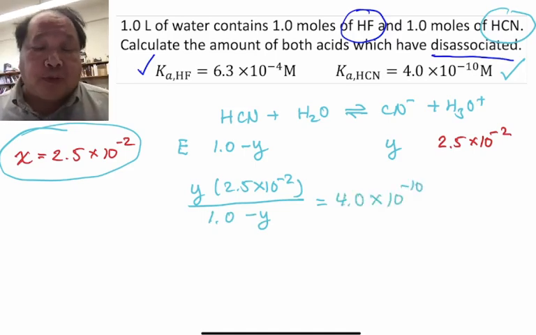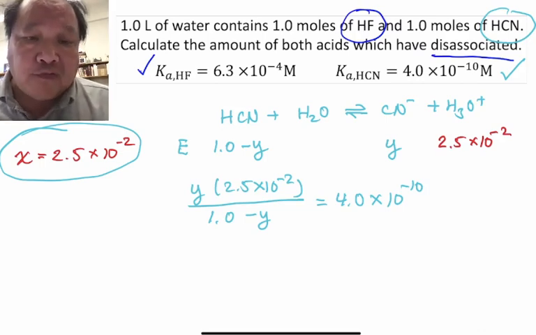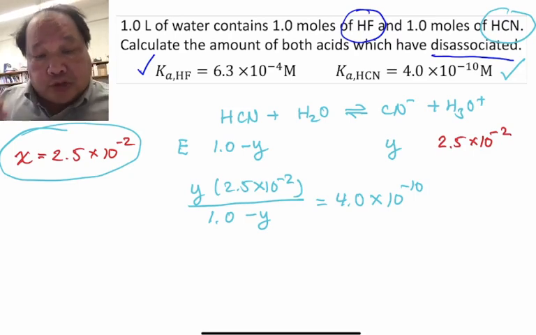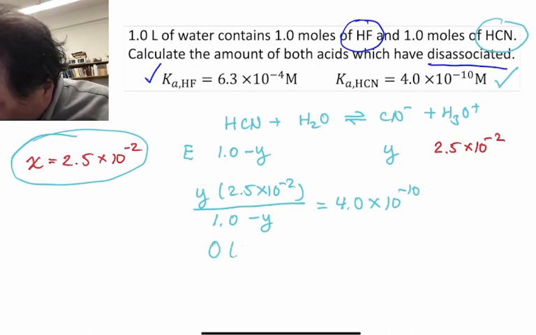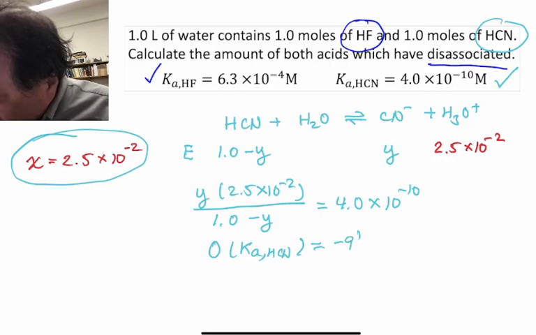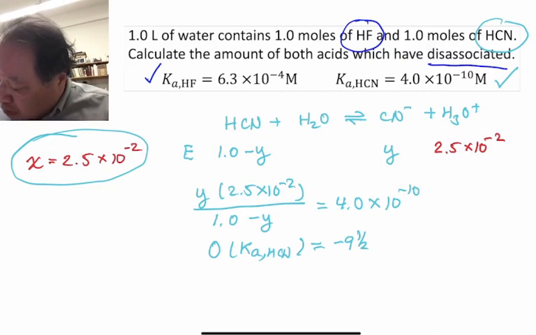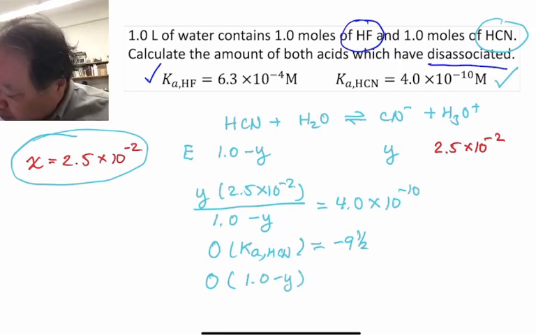And now please pause the video and see if you can solve for all the orders of magnitude of all the relevant terms. Good. So we saw that the order of magnitude of Ka is very tiny for this reaction. It is minus 9.5, much smaller than the initial concentration. And so we can assume that Y is a very small number, and therefore in the order of magnitude of 1.0 minus Y, the Y will not have an influence. It will be 0.